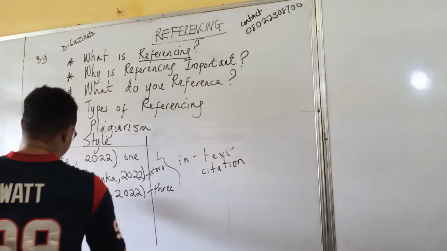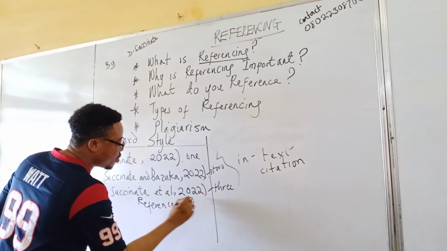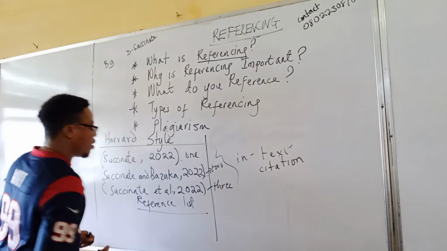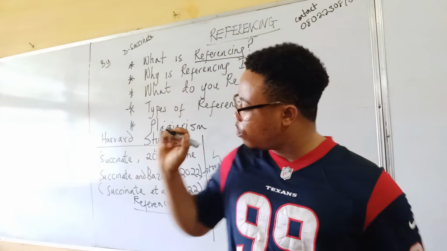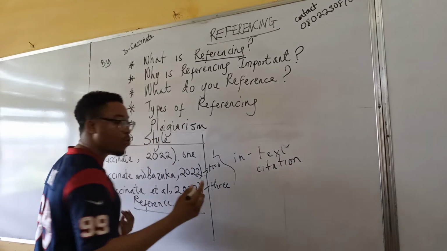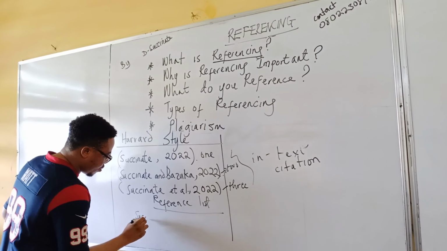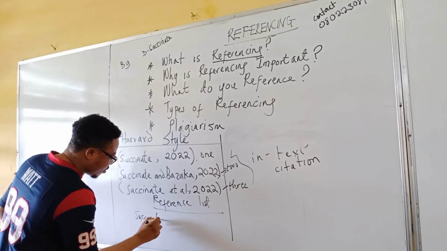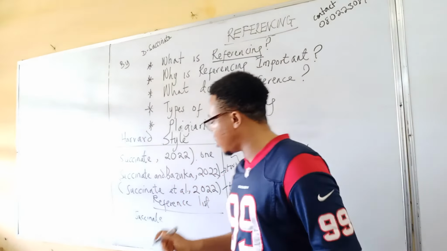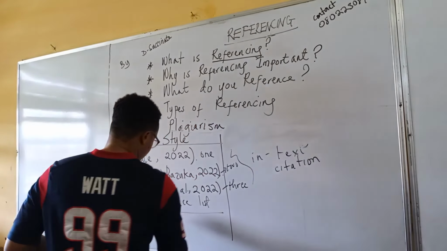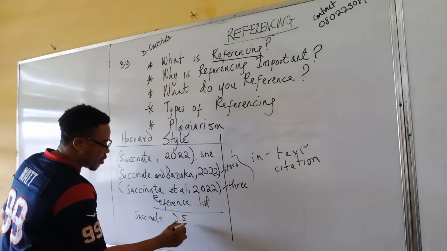So for the reference list using the Harvard style, what you need to know is that you write the name of the author first, depending on the number of authors. If there is just one, you just write the surname, for example Succinct. Then followed by the initials, which could be D, then S, each with a full stop.